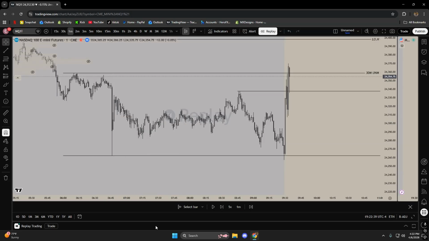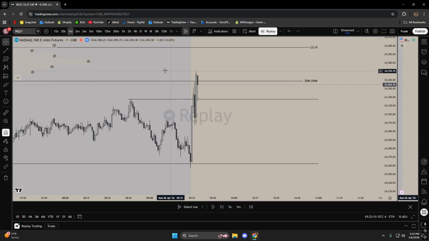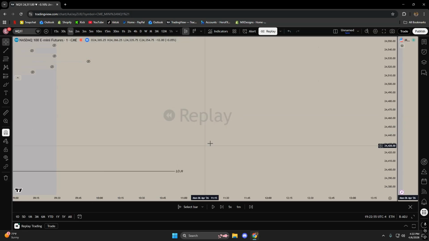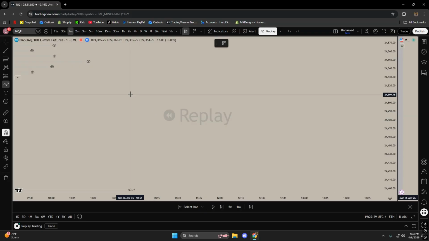So for an SMT to be valid, both pairs need to have liquidity to push off of. Essentially, let's say NASDAQ is on the left and ES is on the right. Let's say we have these highs.